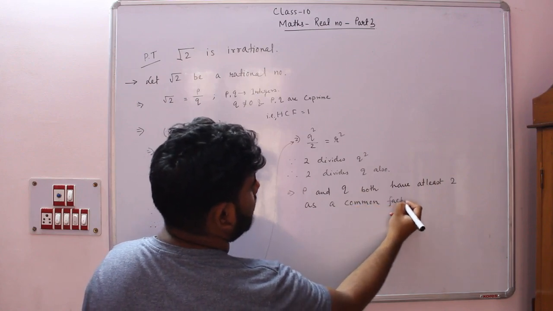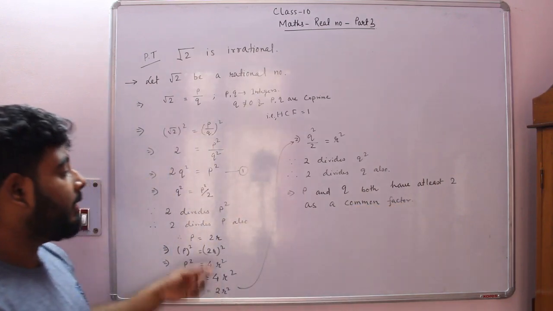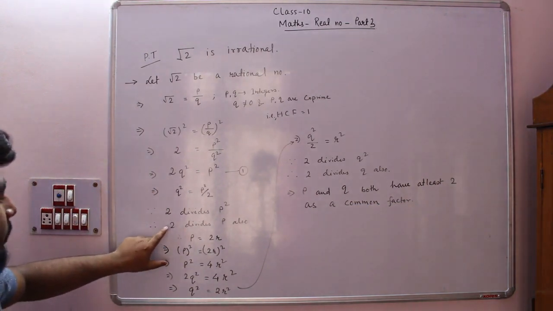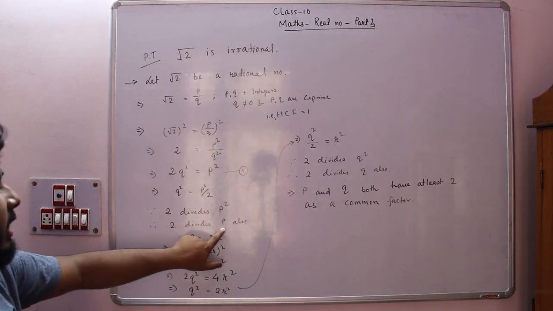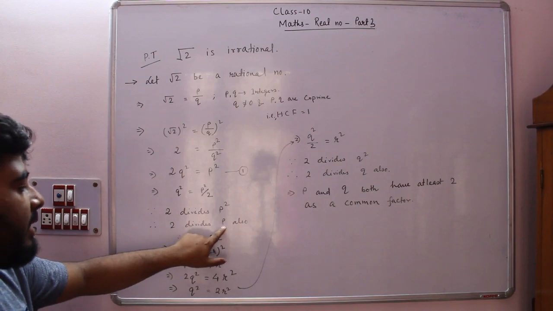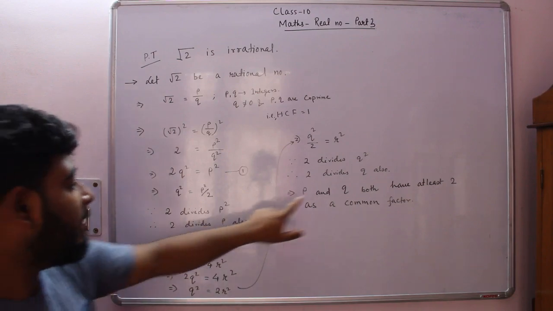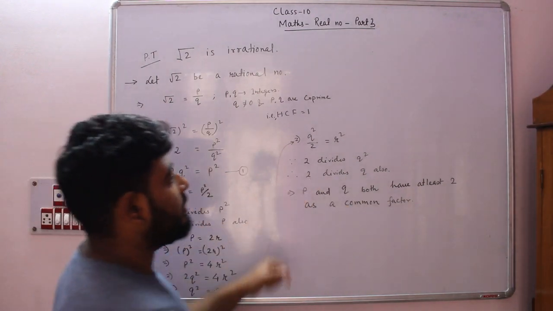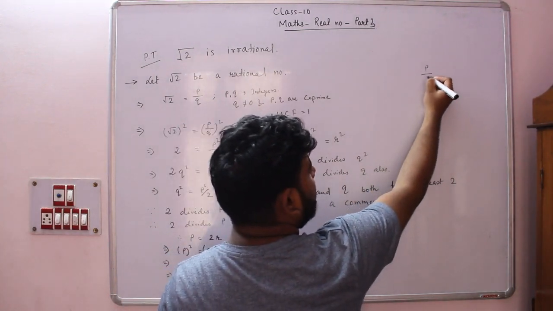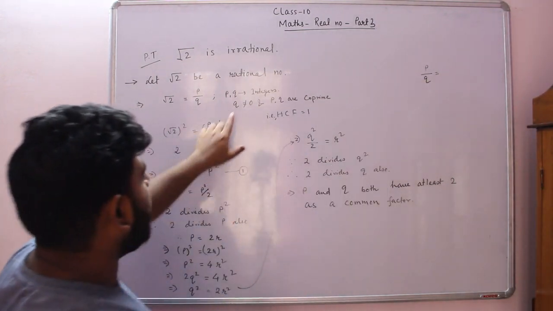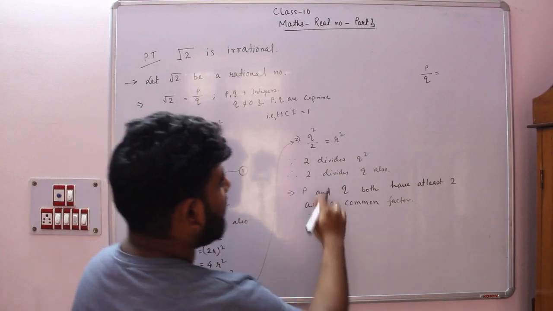Did you understand why? Here we have proved that 2 divides p, that means p is divisible by 2. Here q is also divisible by 2. The situation is like that. For p by q, what we have taken is that they are co-prime, but they are both divisible by 2.